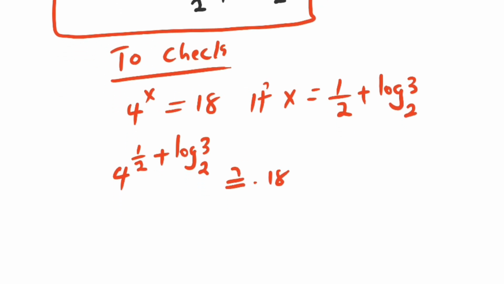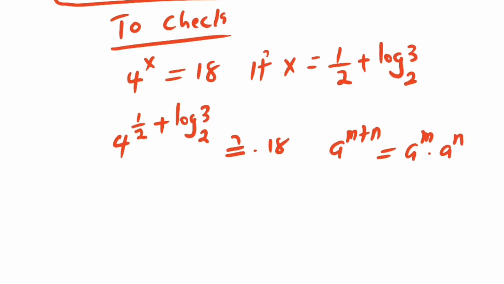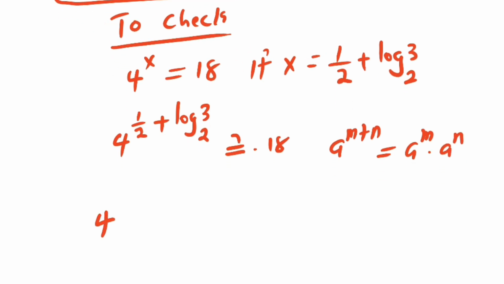Take note of this, that if you have a raised to power m plus n, this is equal to a raised to power m multiplied by a raised to power n. Then this can be written as 4 raised to power 1 over 2 multiplied by 4 raised to power log 3 base 2 must be equal to 18.